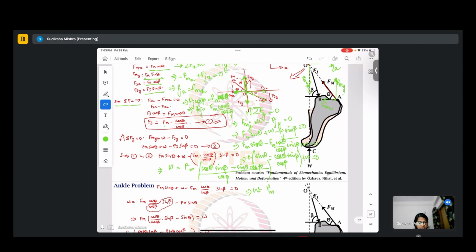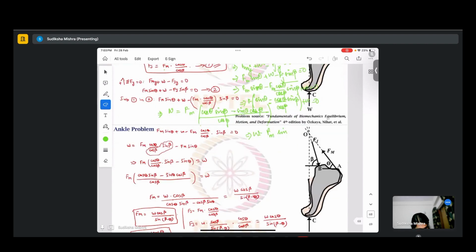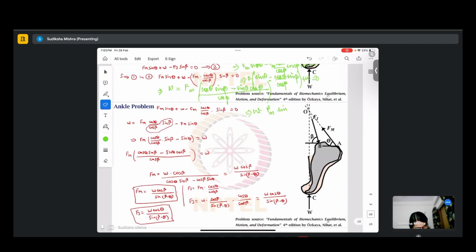So remember this term essentially becomes sin beta cos theta minus cos beta sin theta by cos beta, which is sin of beta minus theta.